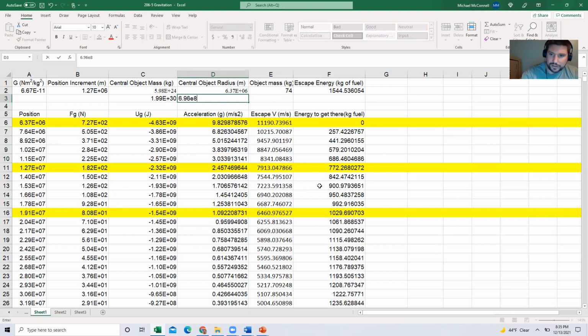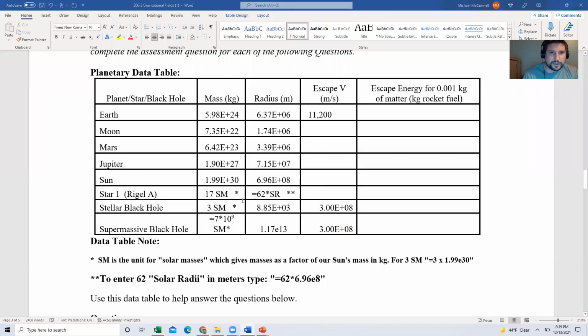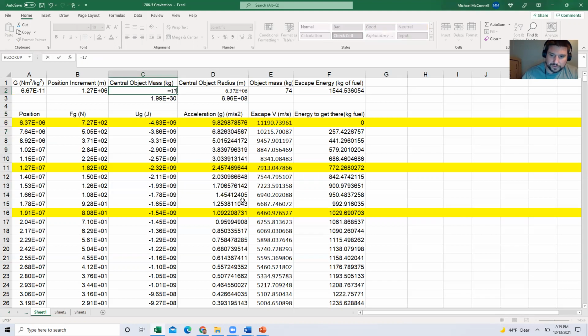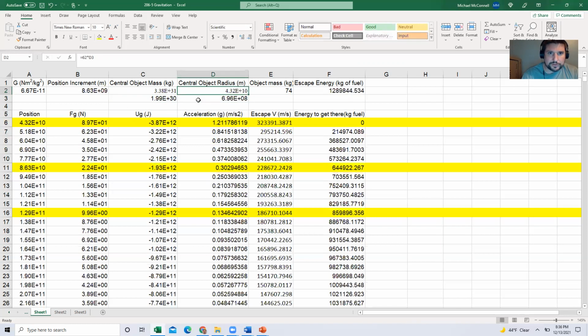Now if I want to do 17 solar masses, I can just do equals 17 times the mass of the sun, enter. And if I want to do 62 solar radii, I can do equals 62 times the radius of the sun, enter. So now I've got my Regal A.